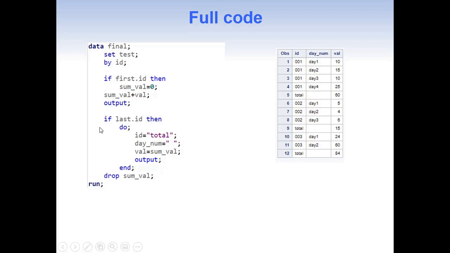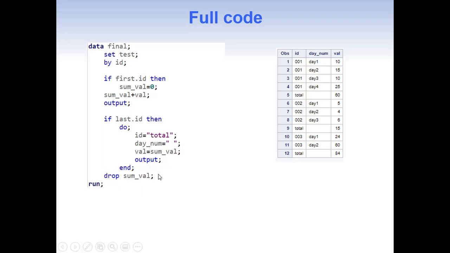All I can say here is, if last dot id, then do id equal to total, means here I am making this id equal to total, and also I am saying day underscore num equal to missing and val equal to sum underscore val, and then output. So with this one if last dot id statement, we can do all of this at once.